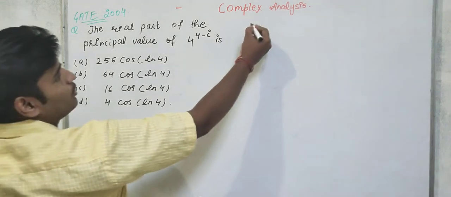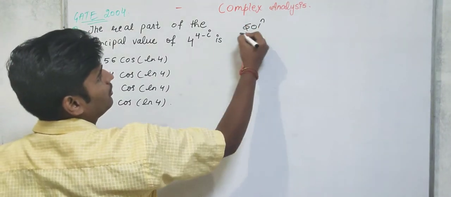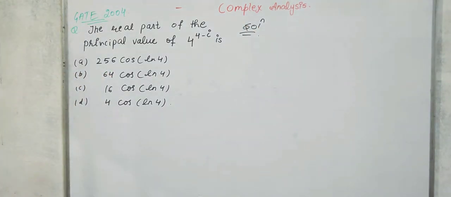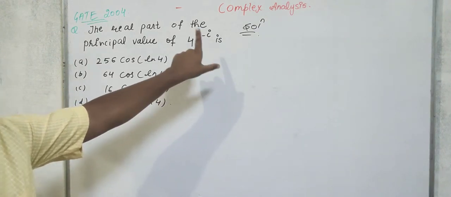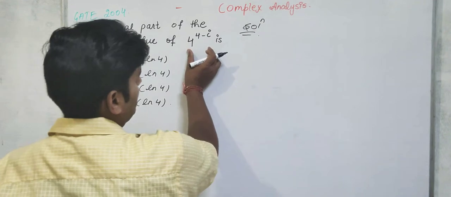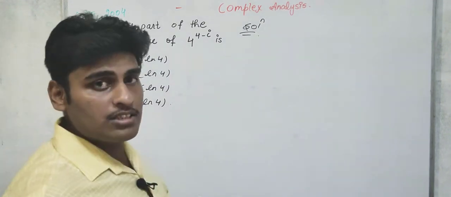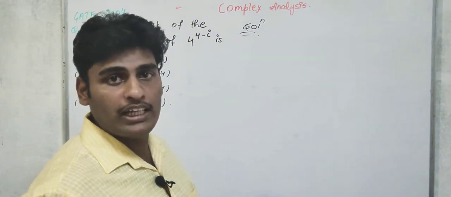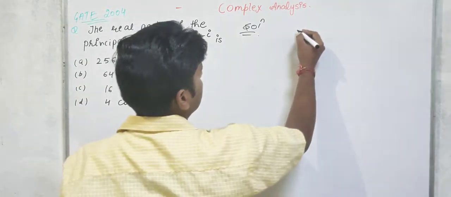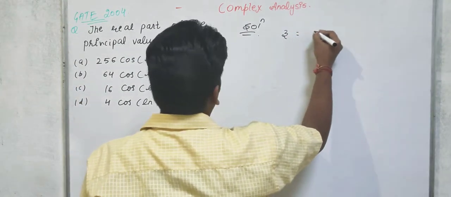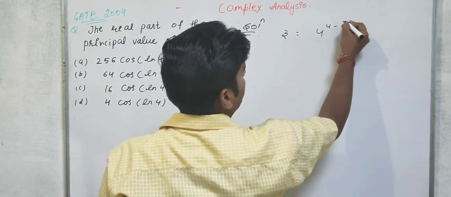Okay, now come to the solution part. We have given that 4 raised to power 4 minus iota. Let this value be assumed to be small z, as we know that a complex number is represented by small z. So z is equal to 4 raised to power 4 minus iota.